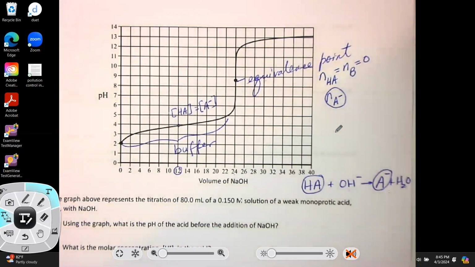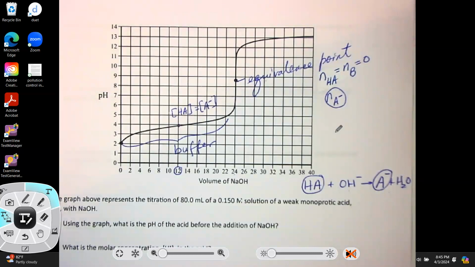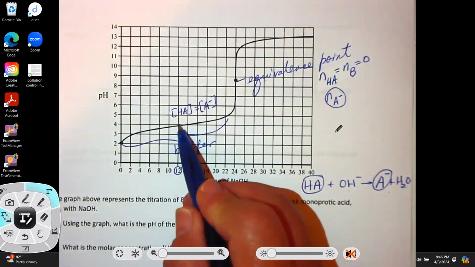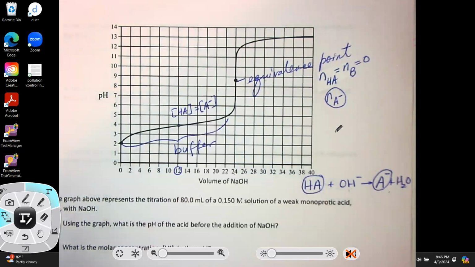Because you have consumed half of the acid and you have produced half of the conjugate base that you're supposed to make. So this point here is called half the equivalence point. So at half the equivalence point, the concentration of both the weak acid and its conjugate base are equal.